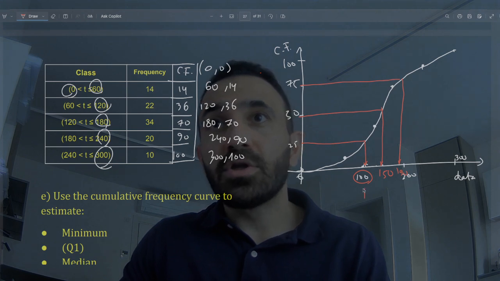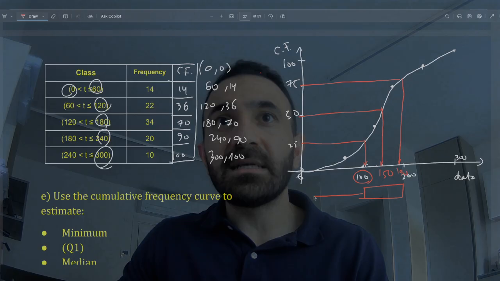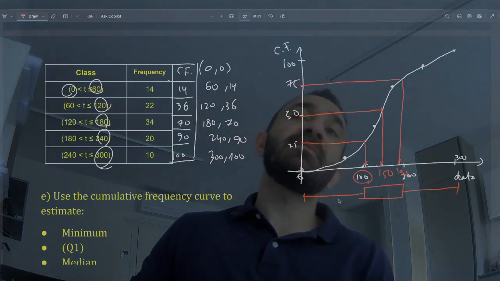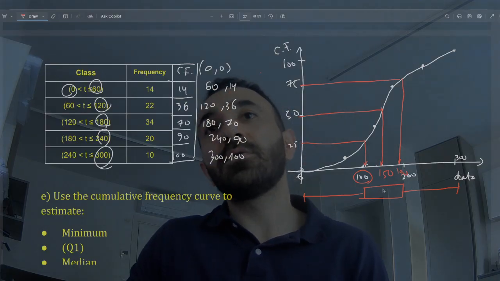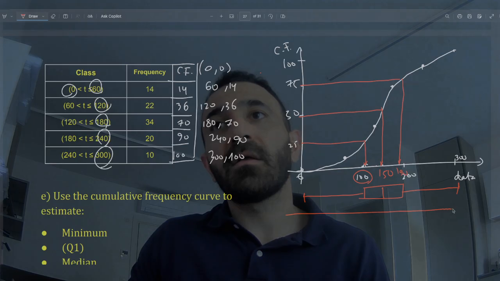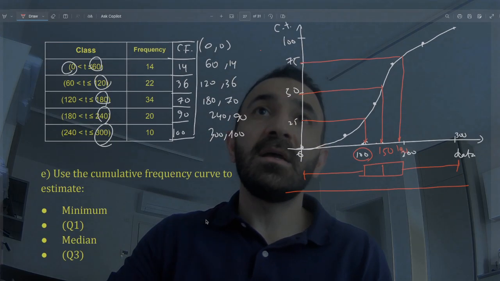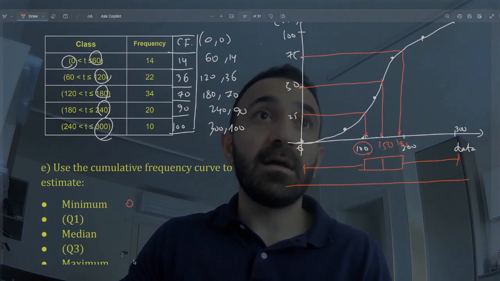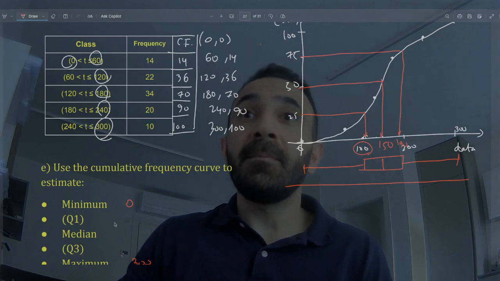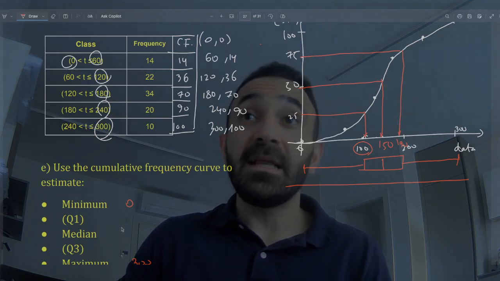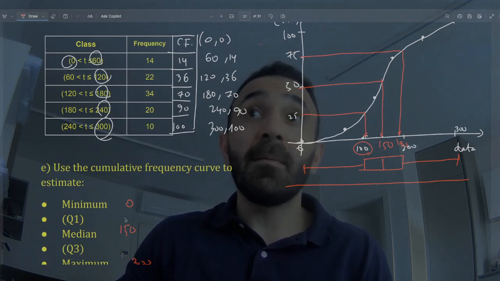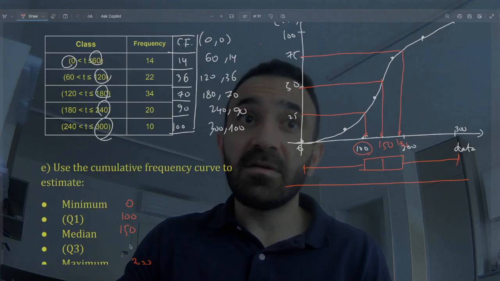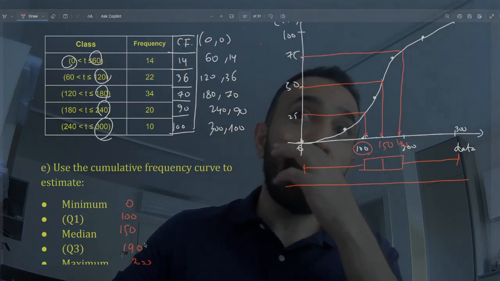So this is your box, and these are your whiskers. This is your box. So the five-point summary of data: minimum value is 0, maximum value is 300, median is 150, lower quartile is 100, and upper quartile is 190.